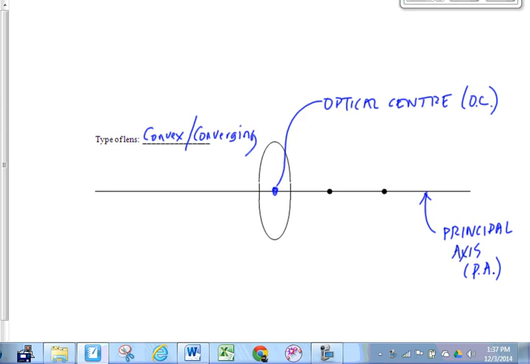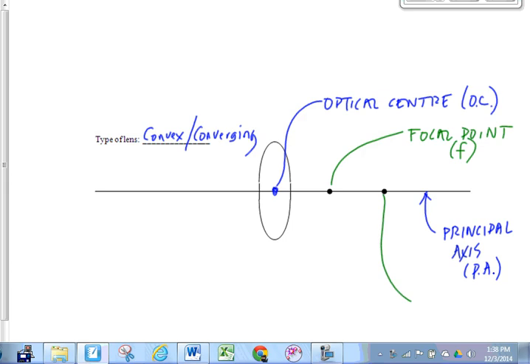This point right here, this point that's closest to the lens, we're going to call our focal point. Sometimes we abbreviate that as a lowercase f. Sometimes we might even abbreviate it as FP for focal point.